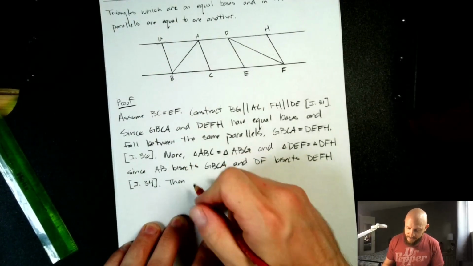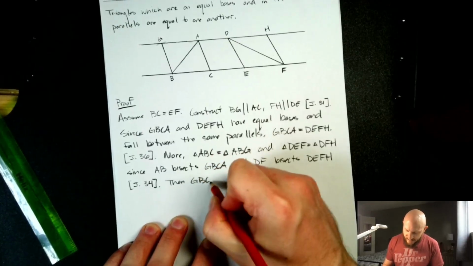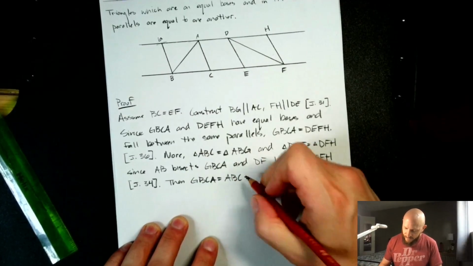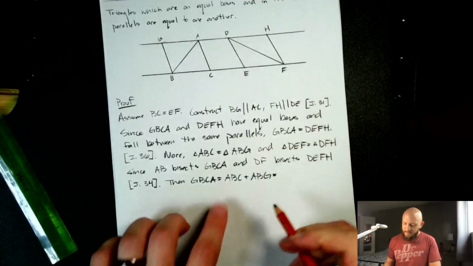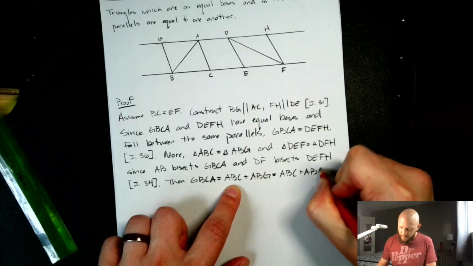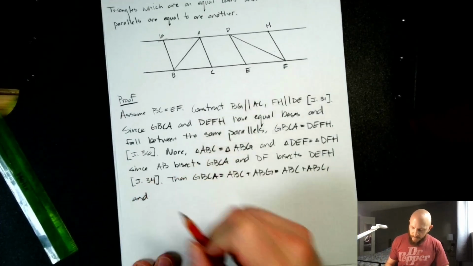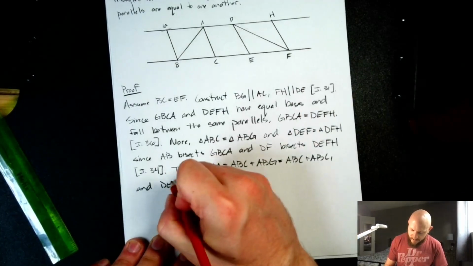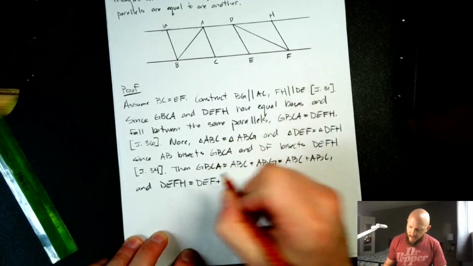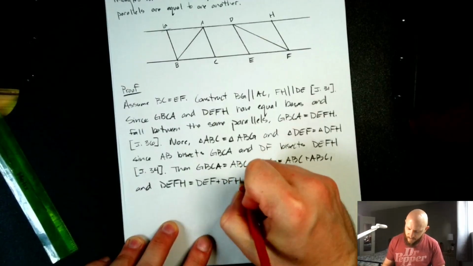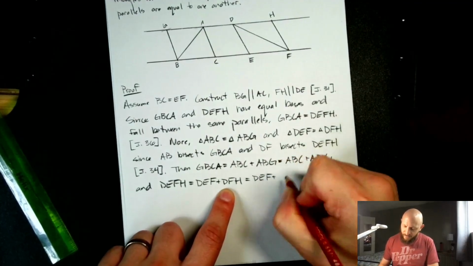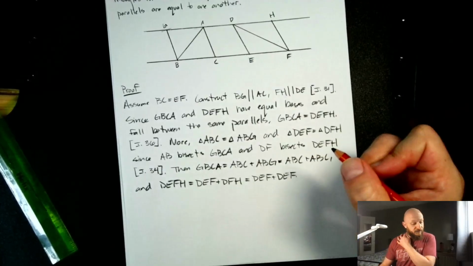Then GBCA is equal to triangle ABC plus triangle ABG. But since ABC equals ABG, this is really the same as ABC plus ABC. And same idea with DEFH, which is equal to DEF plus DFH, but DEF and DFH are equal in area. So it's really DEF plus DEF.